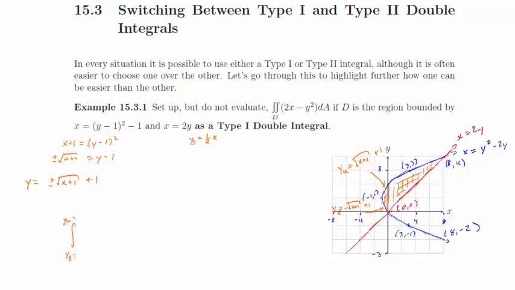So this bottom half of the parabola is given by the negative square root of x plus 1, plus 1. And so my y lower boundary here is negative square root of x plus 1 inside the square root, plus 1 outside the square root. My upper boundary is a positive square root of x plus 1 inside the square root, and then another plus 1 outside the square root.